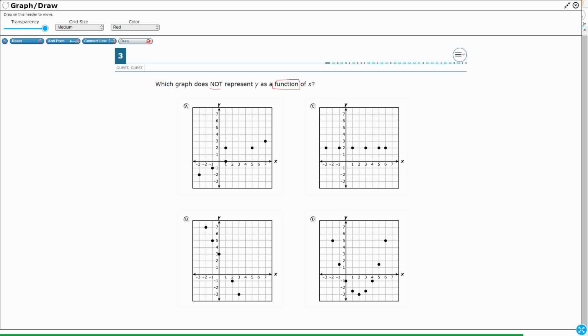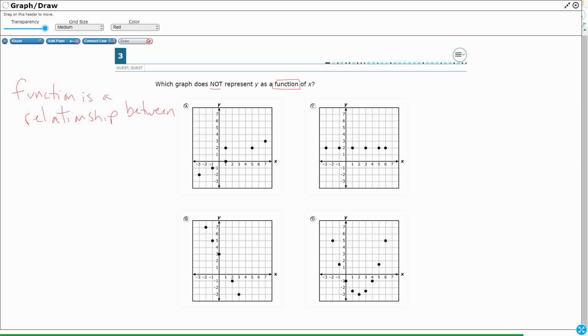Okay, so a function, let's make sure we ground it on that, is a relationship. It describes the relationship between variables.